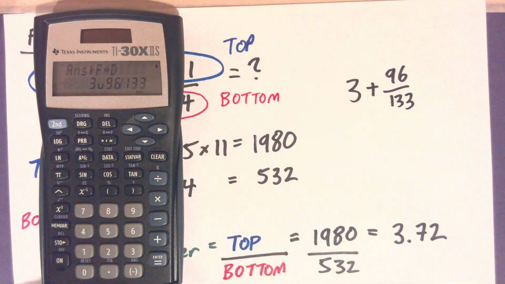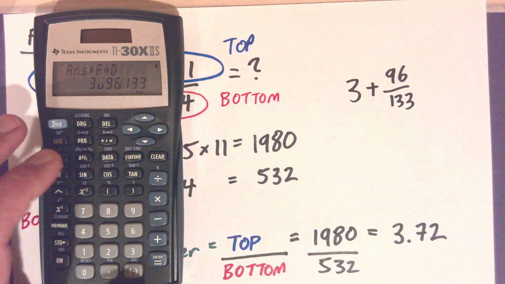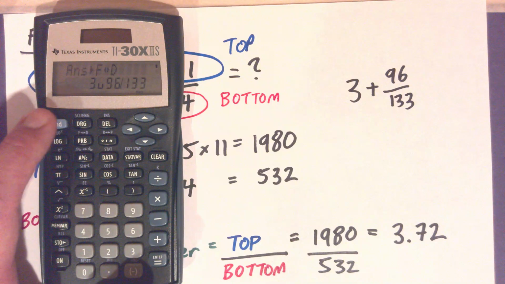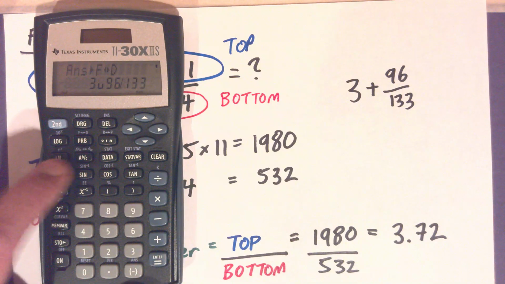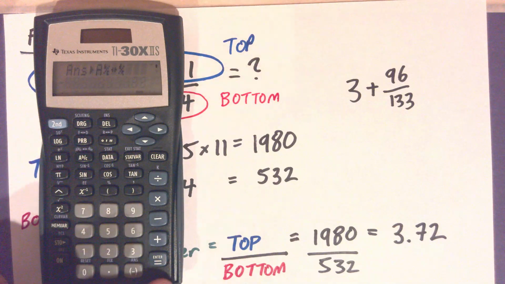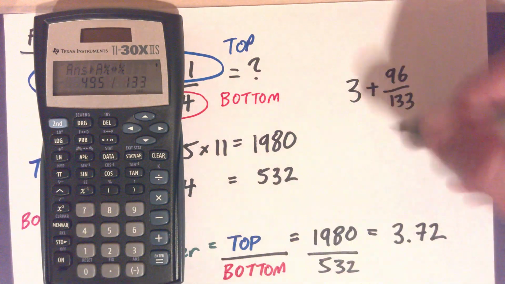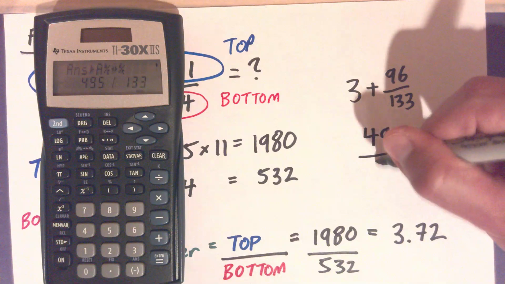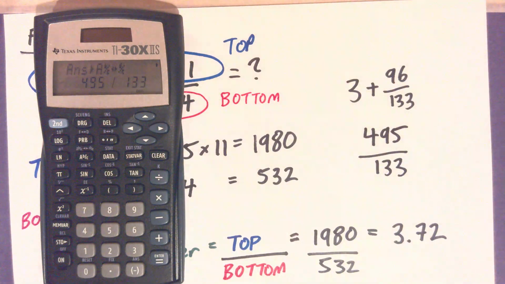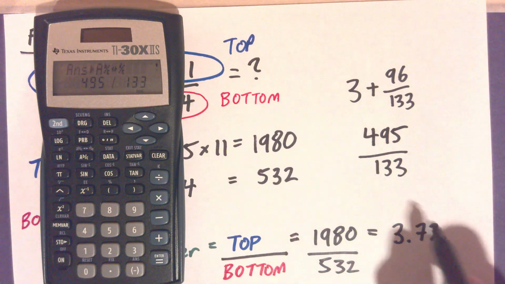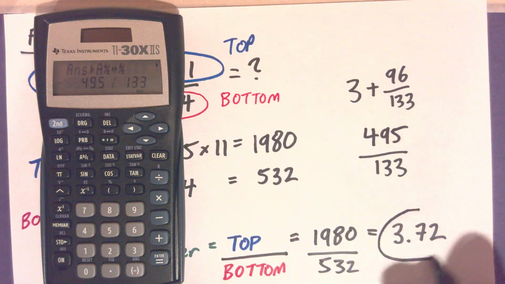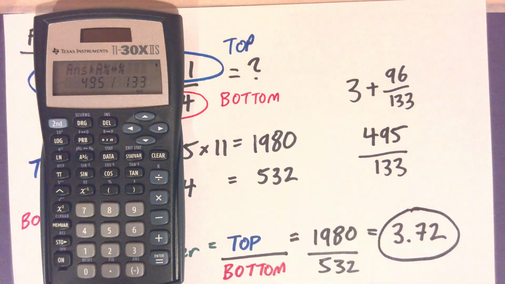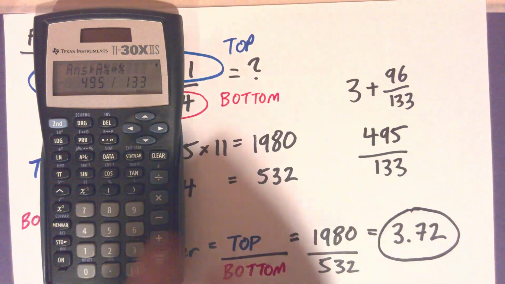If I wanted not a mixed fraction, but a regular fraction, I could hit second, and then hit this button over here, and that'll take it out of a mixed fraction to this form here, 495 over 133. The fraction or the decimal, not so much the focus of my video here. Going forward, I'm just going to be sticking with this 3.72 as the correct answer.